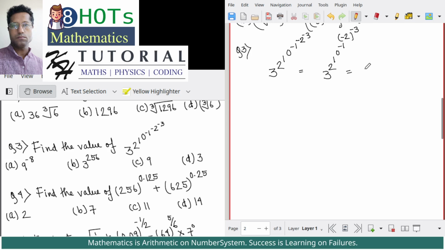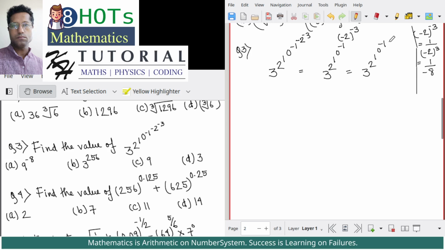Okay, so this becomes 3, 2, 1, 0, minus 1, the power of minus 1 becomes minus 2 raised to the power, what is minus 2 raised to the power minus 3? Now any negative power is nothing but, minus 2 raised to the power minus 3 is nothing but 1 by minus 2 raised to the power 3, and minus 2 raised to the power 3 is minus 8.